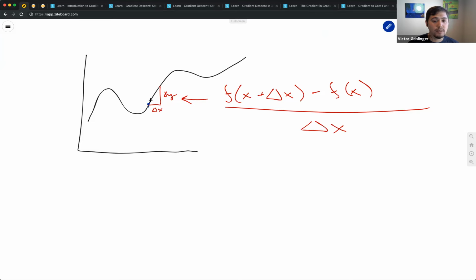But you'll notice it's kind of close, but maybe my drawing's not great. If you imagine instead we took the rate of change at, let's say, this point right here, okay?